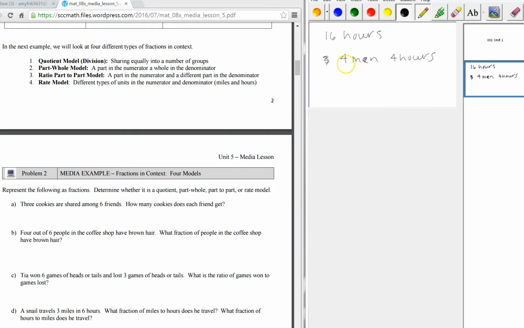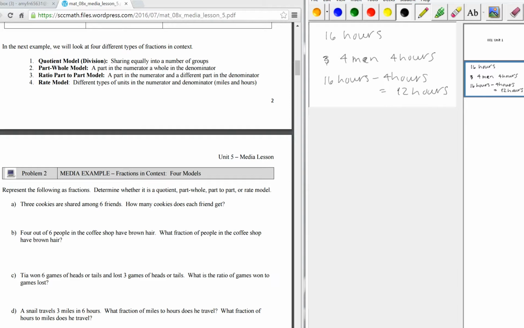We also could have 1 man working for 16 hours. So again, this is an inversely proportional relationship, but I'm just trying to draw your attention to how when we multiply or divide different types of units, our answer is a brand new type of unit. Whereas if we did 16 hours minus 4 hours with addition and subtraction, our unit does not change. This would be 12 hours.